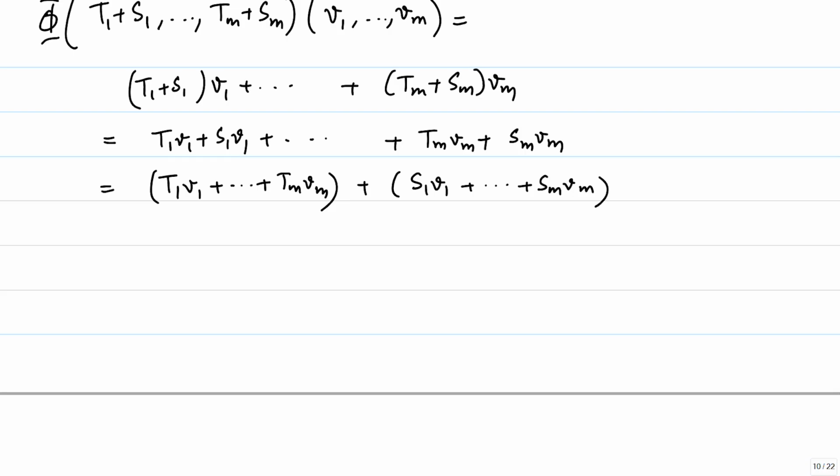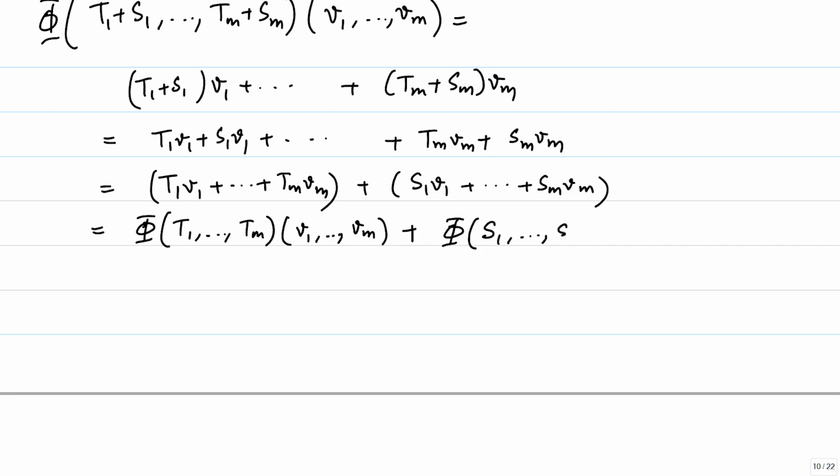So we have grouped all these terms. And what is this? This is basically Phi of T1 to Tm on V1 to Vm plus Phi of S1 to Sm on V1 to Vm.